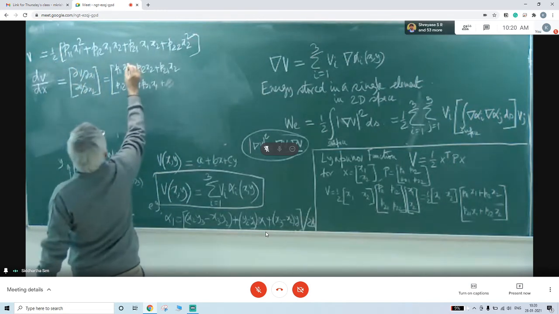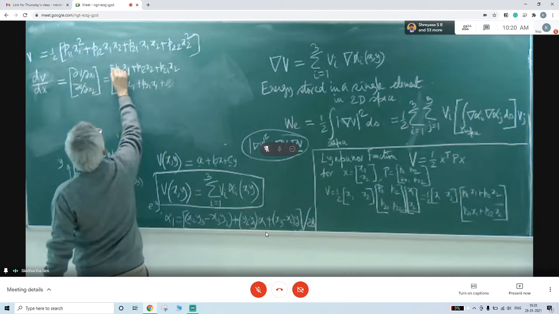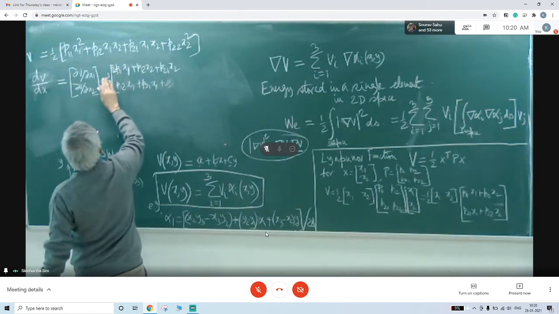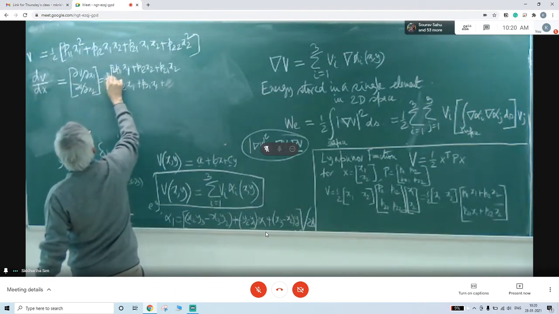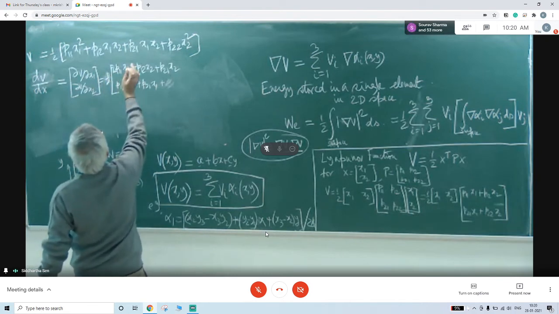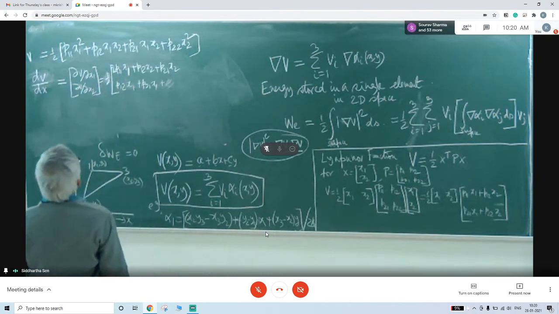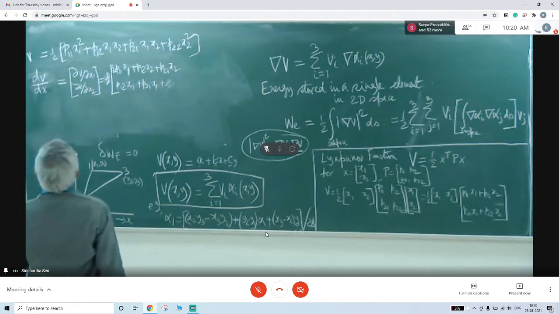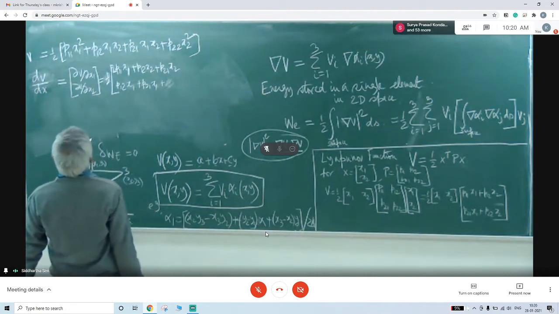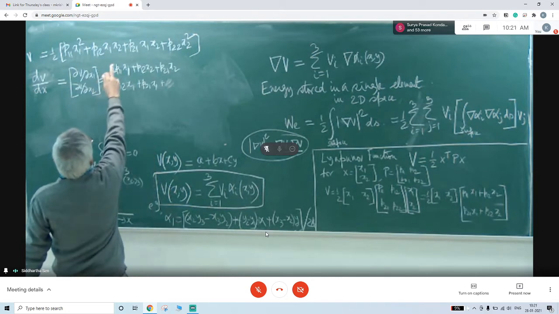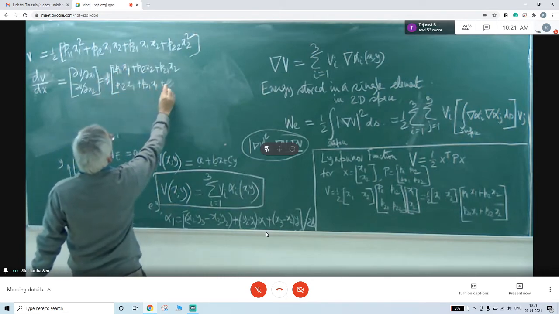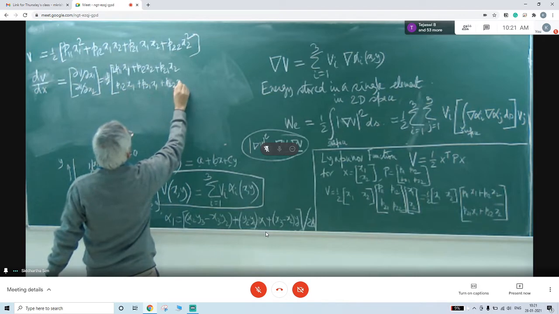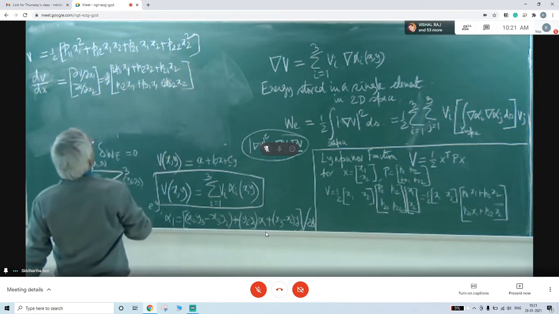Actually there is a half, so I just take it out. So it is 2 p11 x1 plus p12 x2 plus p21 x2, and here it is p12 x1 plus p21 x1 plus 2 p22 into x2. Here it would be 2 terms there.